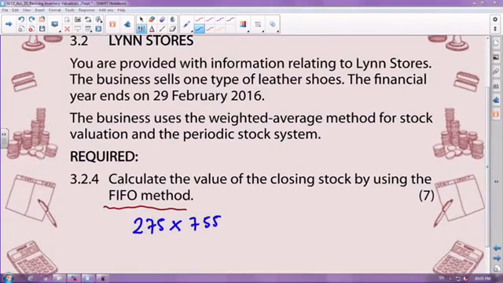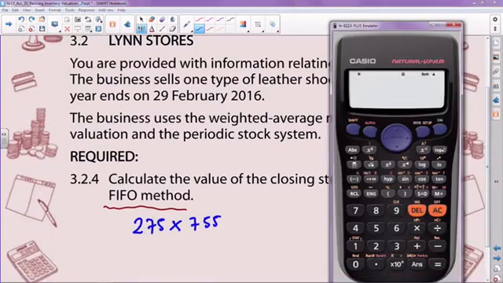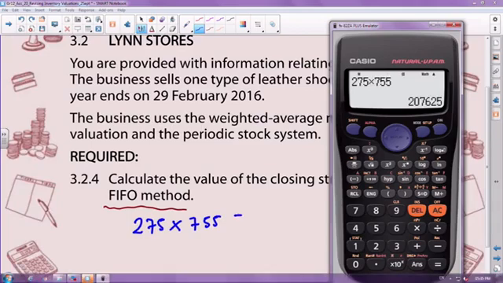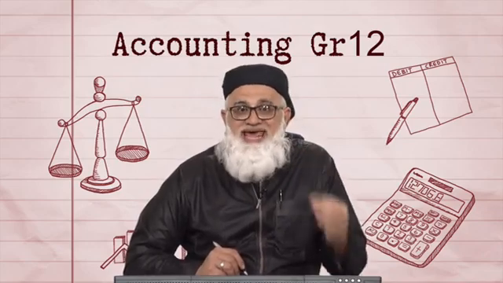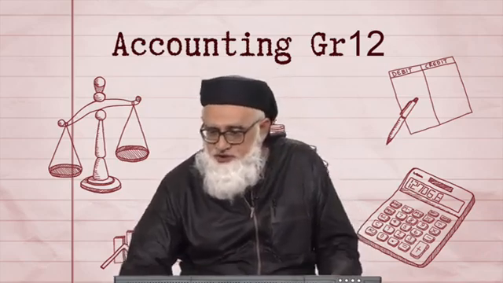Let's do that calculation. So we've got 275 pairs of shoes times the value 755 to give me a value of 207,625. Right. However, we have to cater for a total of 325 pairs of shoes.